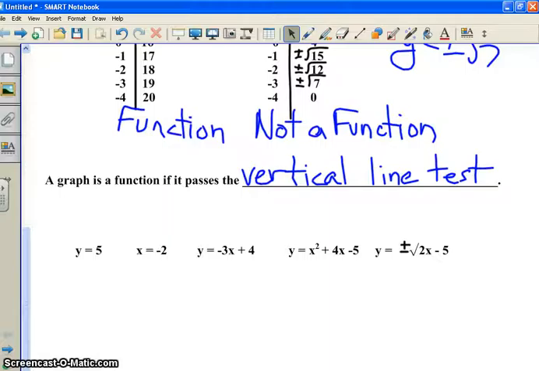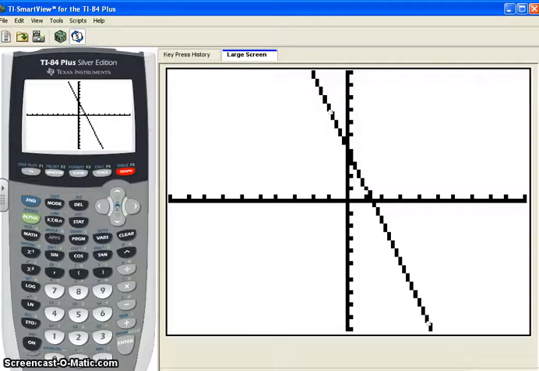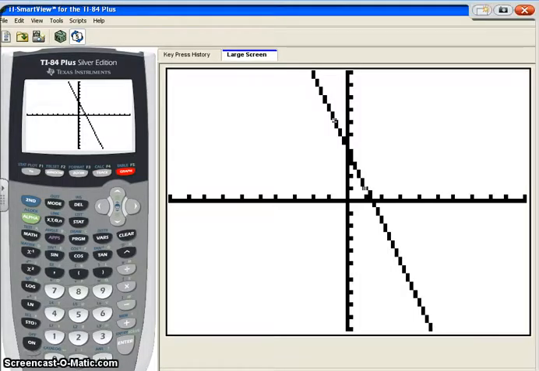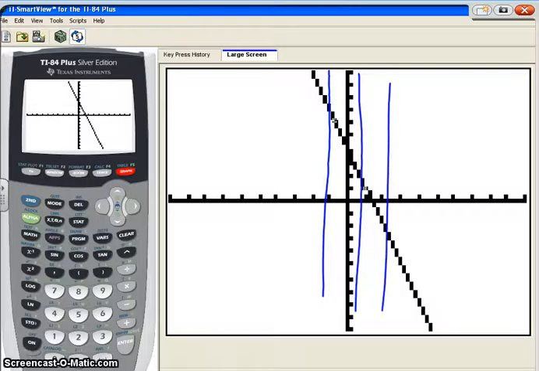So I'm actually going to start with the middle equation, y equals -3x plus 4. Here it is on the calculator. There's our line, crosses the y-axis at positive 4 and has a slope of down 3 over 1. Now what the vertical line test says is that if I can draw any vertical line on my graph and it only hits the graph one time, it has to be a function.